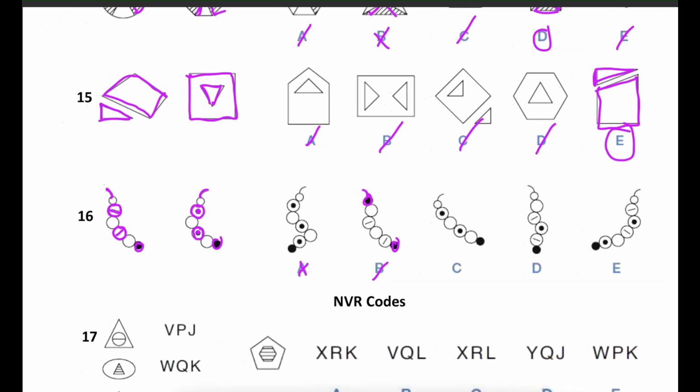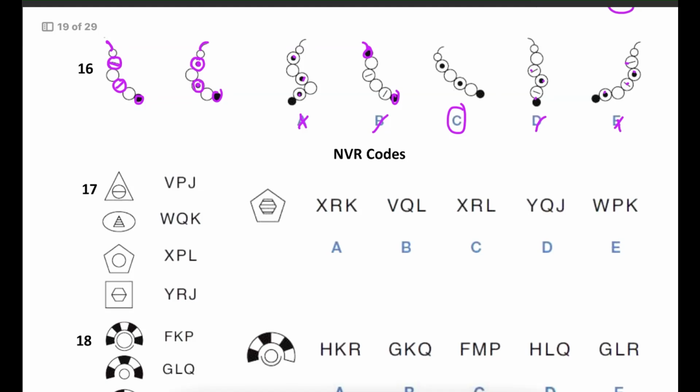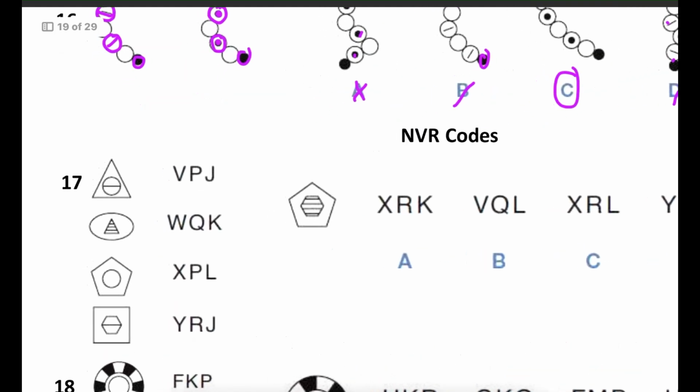So not A because that's got 1, 2, 3. The answer is C here. Not D because that's got 3 different ones. And not E because that's got 4 different ones. The answer is C.